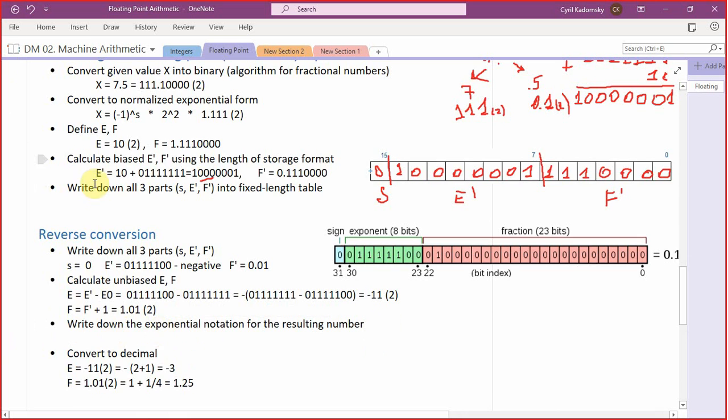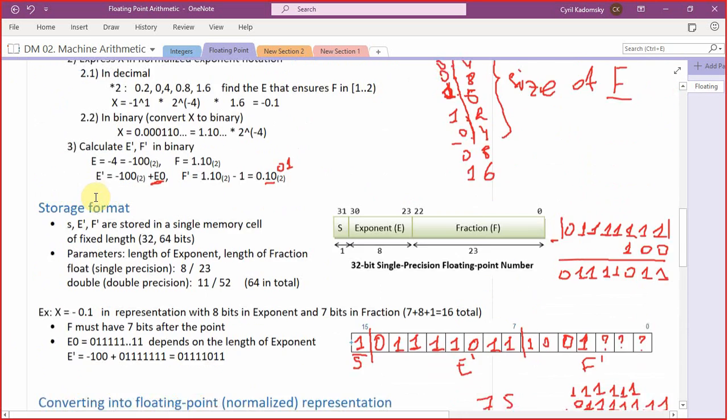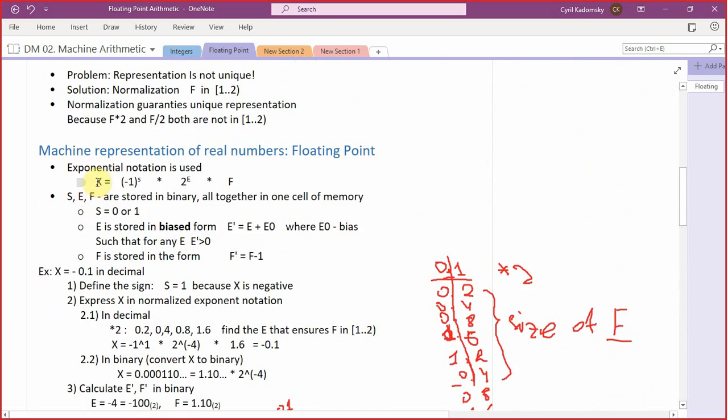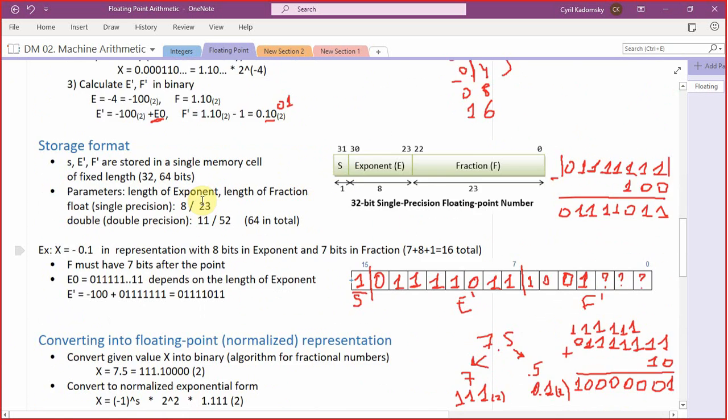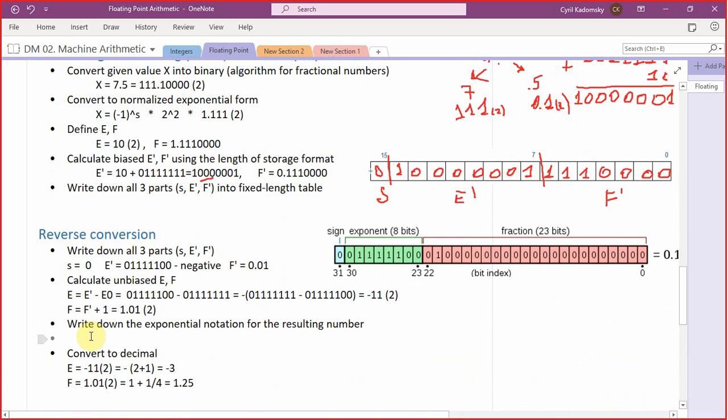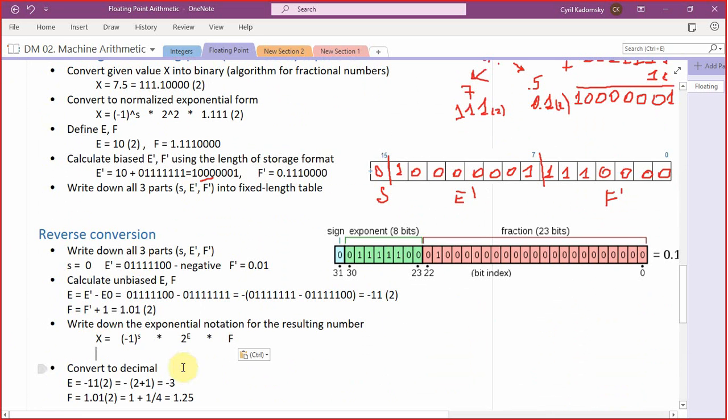Exponential notation, we have it somewhere in here. The sign of our value is 0. Exponent, we obtained it in binary, but really we see it is minus 3.